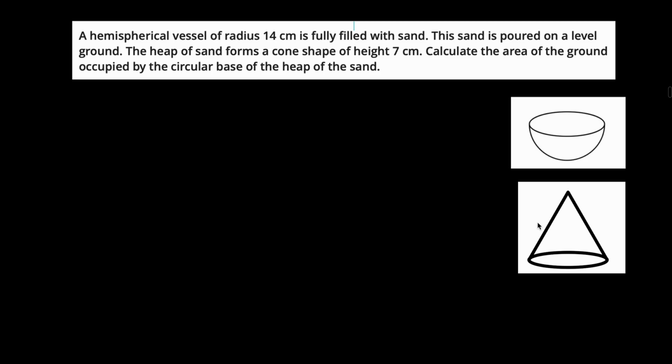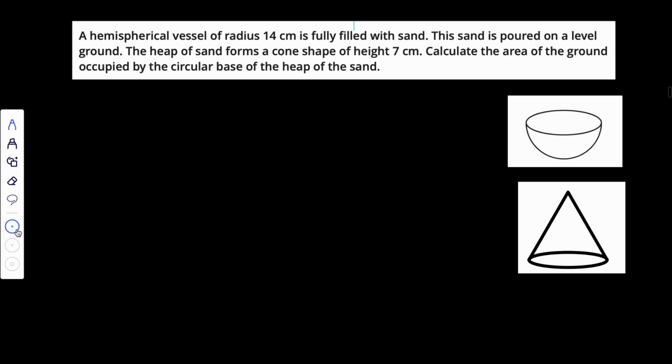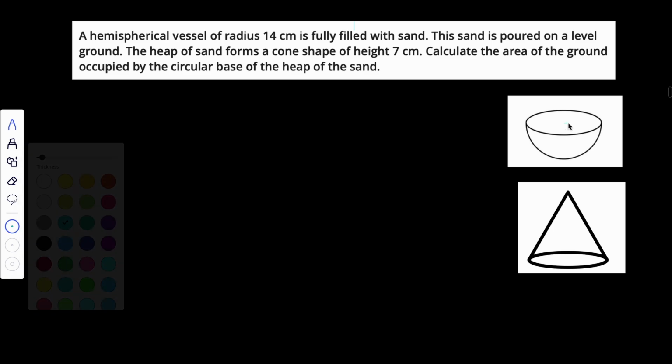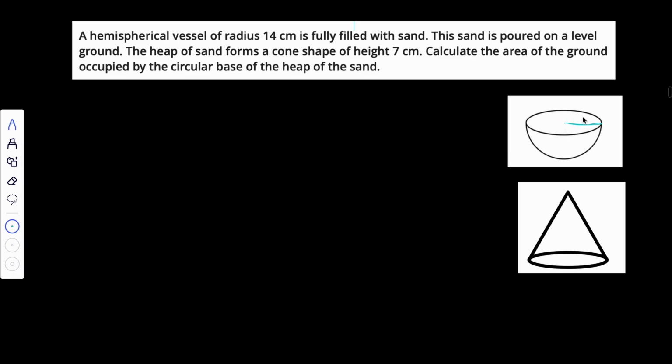Now here, for the hemisphere, they gave the radius as 14 centimeter. And for the cone, the height of the cone is given, 7 centimeter, and the radius is not given here.